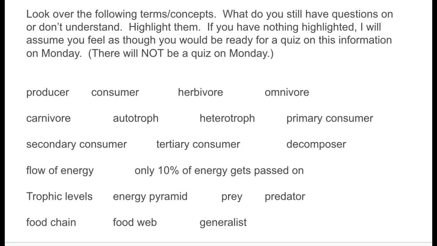Fourth row, flow of energy, only 10% of energy gets passed on. Fifth row, trophic levels, energy pyramid, prey, predator. And the last row, food chain, food web, generalist.